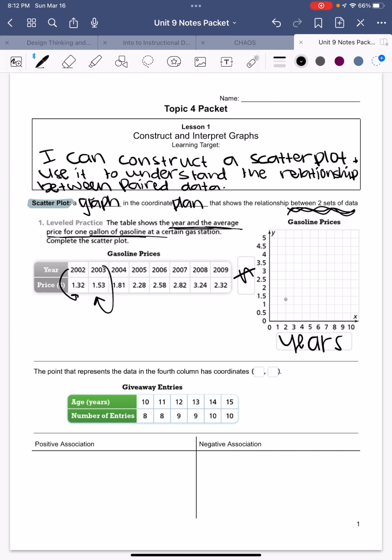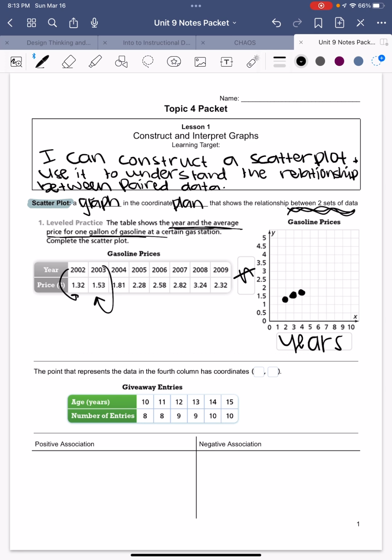So the first one is 2002. They're using a 2 to mark it at $1.32. They kind of put that on the graph for you. 2003, it was $1.53. 2004, $1.81.